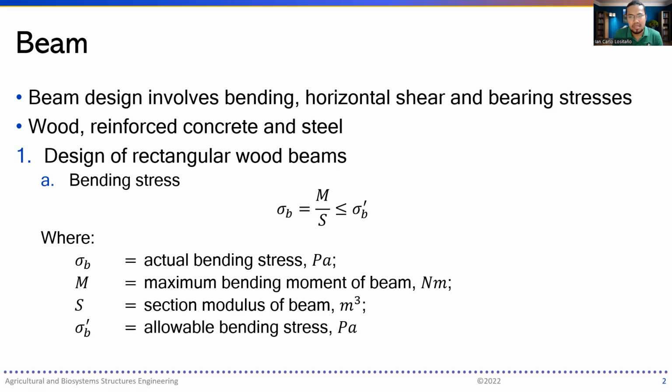Now, what is the sigma B prime on the right? That is the maximum allowable bending stress in pascals. So the M over S should be within that limit. So that is the first. This is very direct, so let's just leave it as that.